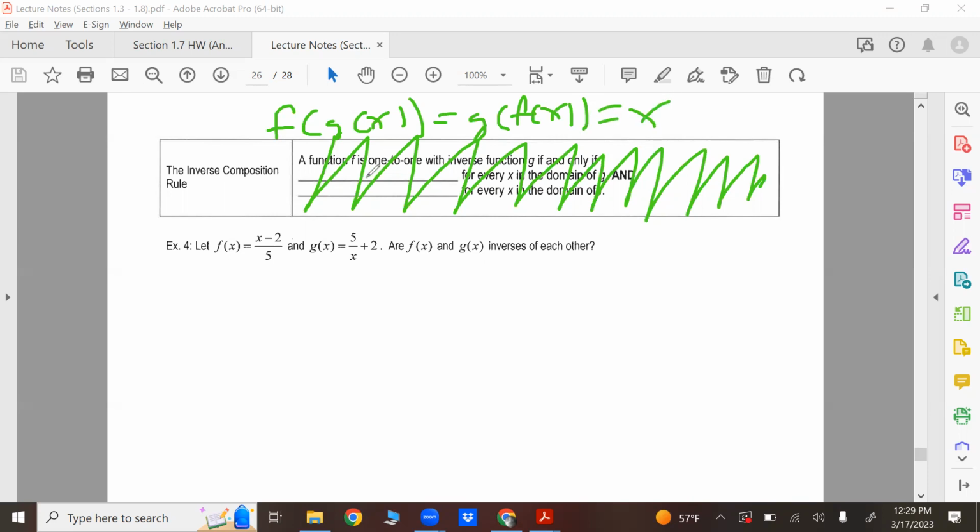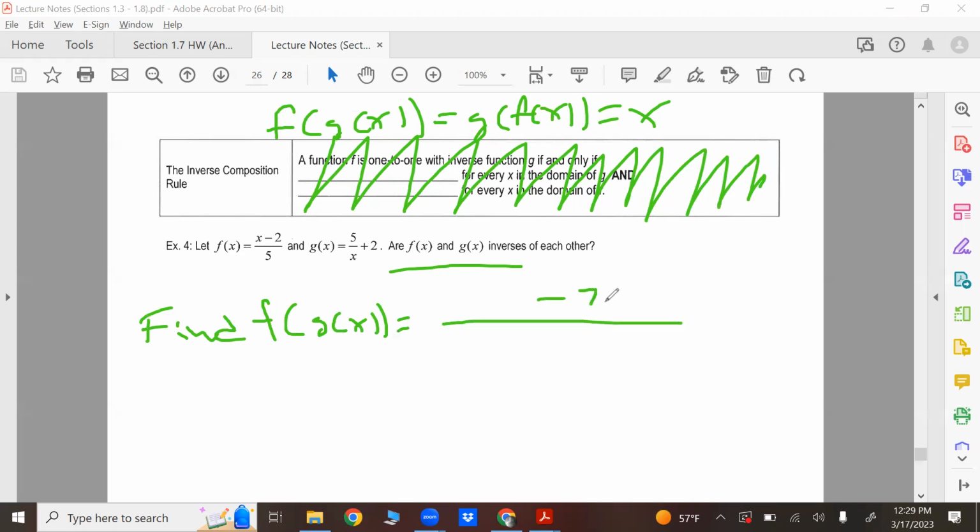Okay, so let's try it now for example 4. Are these inverses of each other? You could do this a couple ways. Let's say I find f of g of x. Let's do that. So instead of x minus 2 over 5, what am I going to put in the parentheses here?